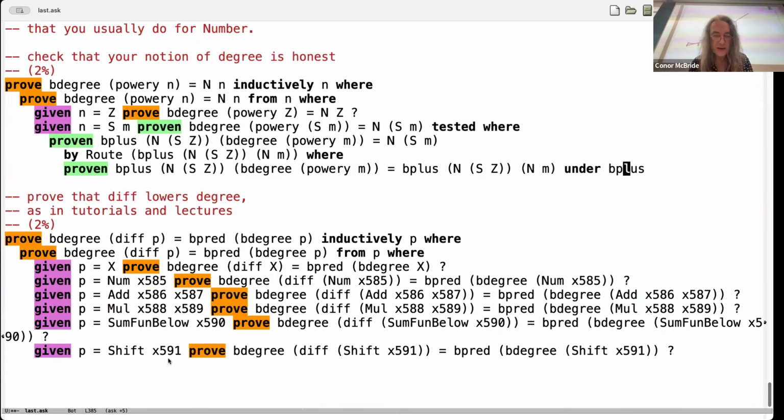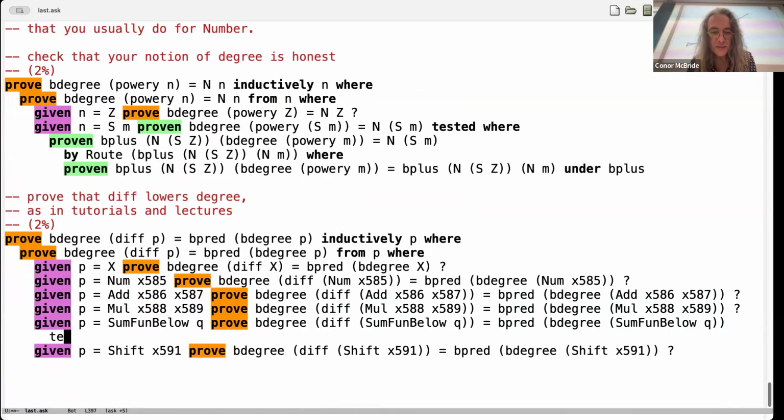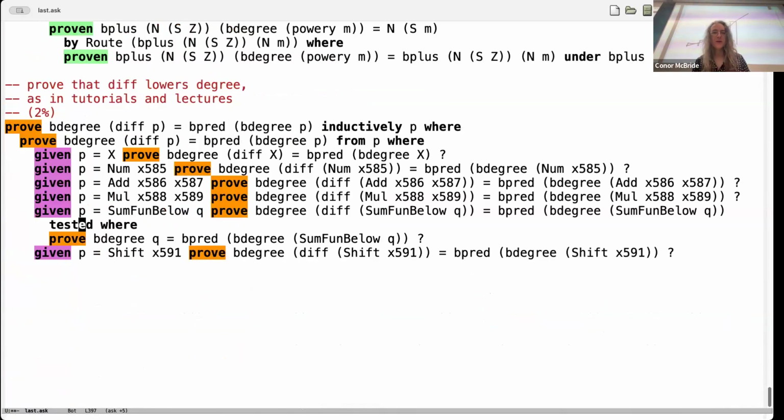If we say here, let's do test on this. You can see we want the degree of Q to be 1 less than the degree of some fun below Q, which means we want the degree of some fun below Q to be 1 more than the degree of Q. Again, trying to do the proof about the answer tells you the answer.